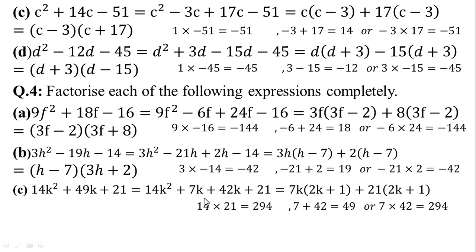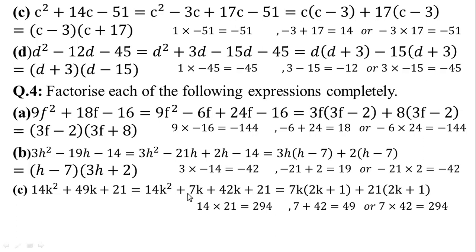When added, answer is 49, and when multiplying, answer is 294. 7 plus 42, answer is 49, and 7 multiplied by 42, answer is 294. So we have 14k square plus 7k plus 42k plus 21.